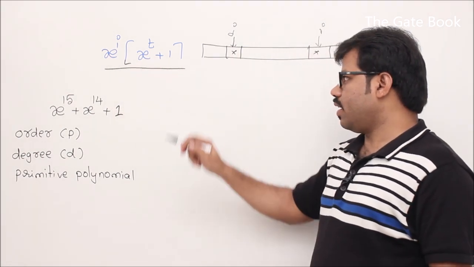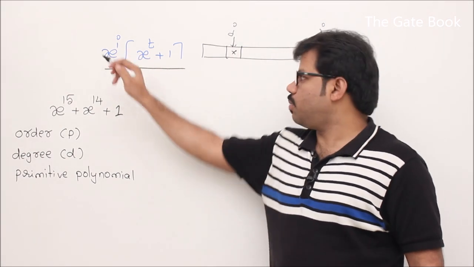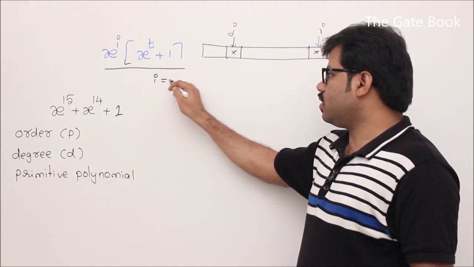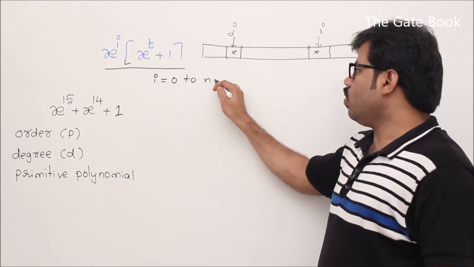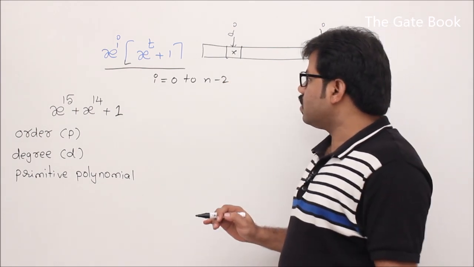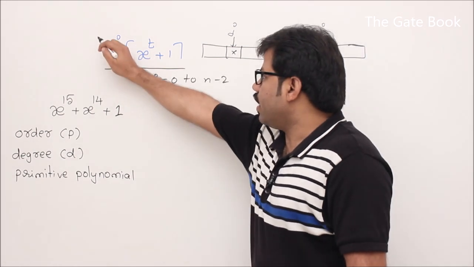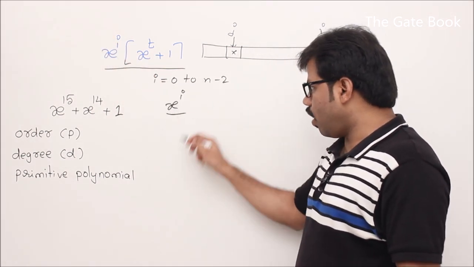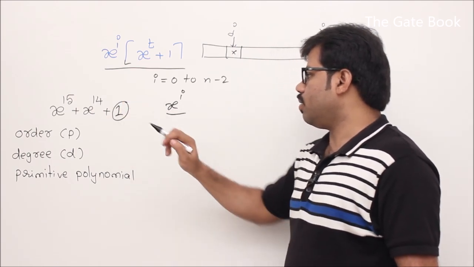Whenever you have a 2-bit error, you get this kind of equation, x power i into x power t plus 1, we have seen already. And the range of i is 0 to n minus 2, where n is the number of bits in your frame. Now the question is, this x power i cannot be divisible by any polynomial if that polynomial has plus 1. Remember it.